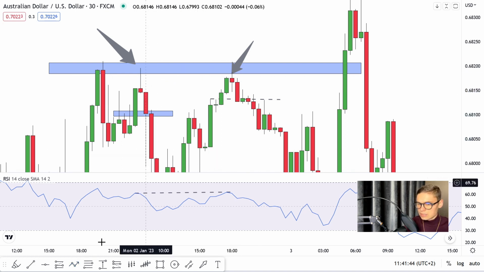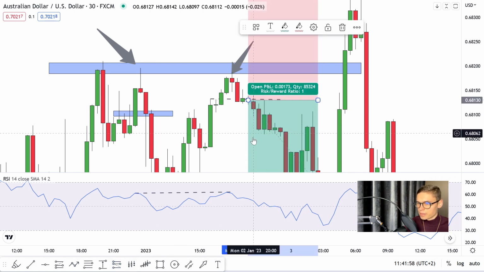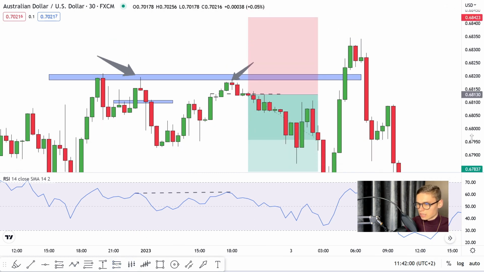But what matters is that on RSI we have a different situation. This high right here is a little bit higher than this high, and that means that we have a divergence, and that means that this is another confirmation for us to open a sell position.